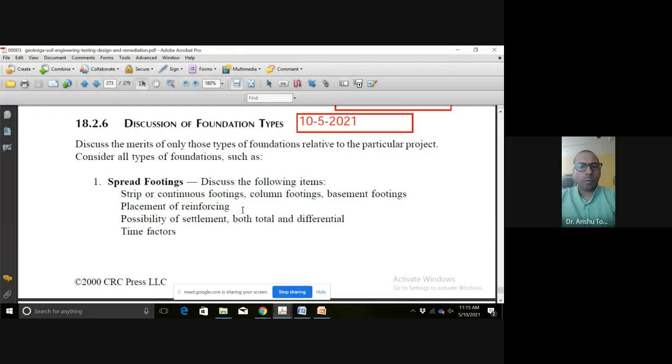So you are going to suggest only one type of footing based upon other things. It is going to be the dimensions, the punching shear check, one-way as well as two-way shear check. What is going to be the reinforcement in that particular footing, the possibility of settlement, both total and differential settlement.